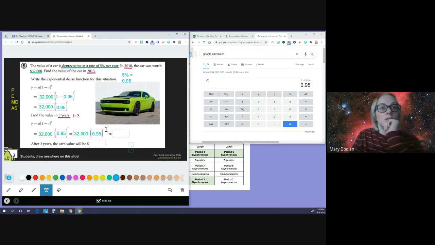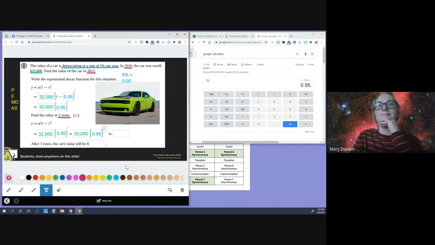Your exponent here, what's this going to be? What's my exponent going to be? What do you think? You could type it in the chat. What do you think my exponent will be? Nobody?